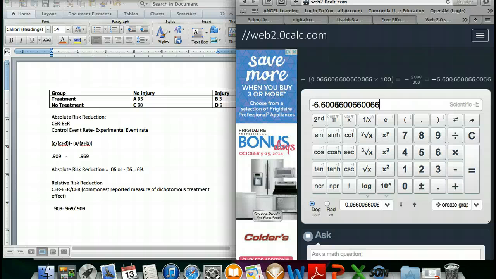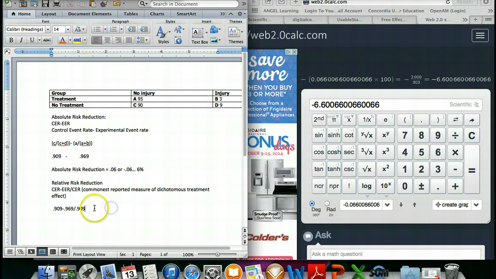So your relative risk reduction, which is the risk of an event in the experimental group divided by that in the control group, the risk ratio, would be 6.6%. That is all you have to do to calculate it.